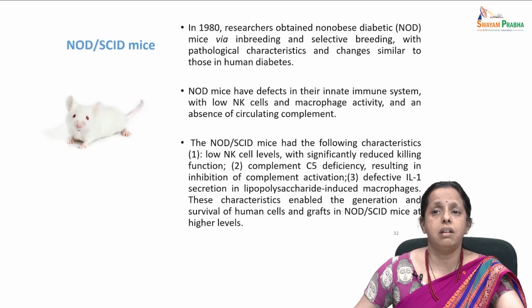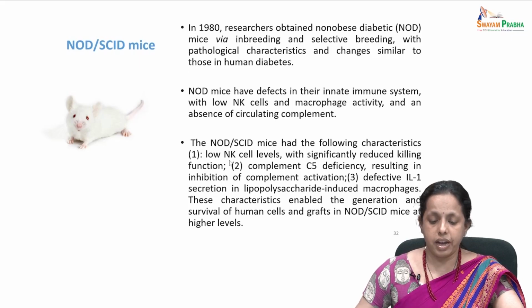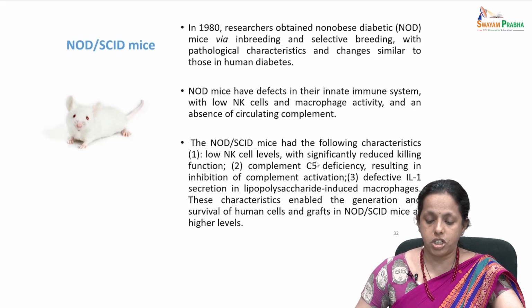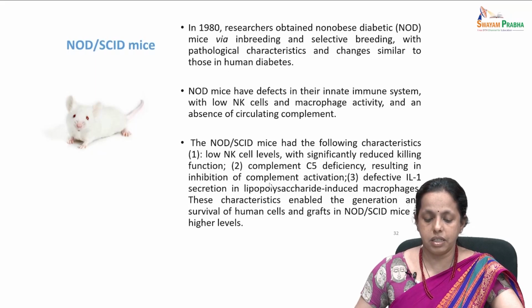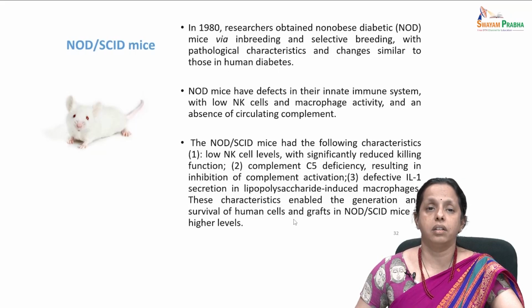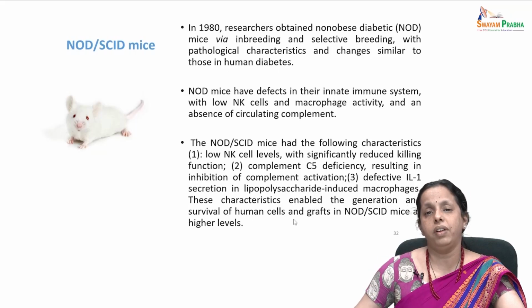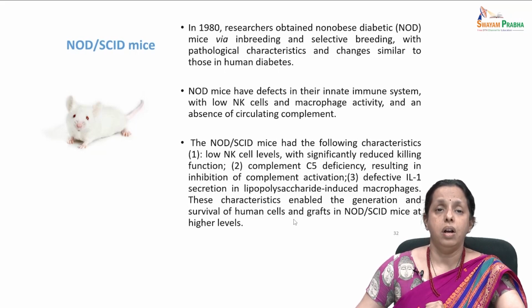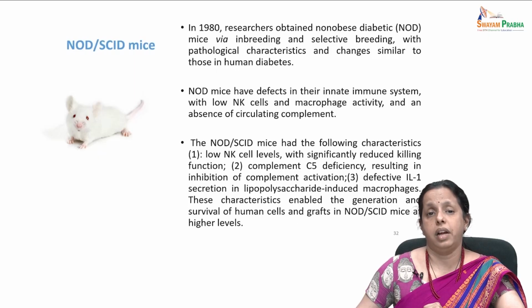So, human B cell reconstitution in nude mice and SCID mice was poor. So this had specific characteristics of low NK cells as mentioned, complement C5 deficiency, and defective IL-1 secretion, and these characteristics enable the generation and survival of human cells and grafts. So it is at a very high level. These NOD SCID mice were able to accept the engraftment.